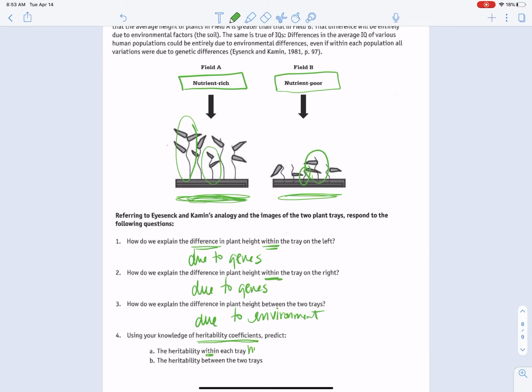So that would have a high heritability, and the coefficient would be close to 1. Between the two trays, we know that the major difference in the plants' growth was due to the environment, and that would be a low heritability, and the heritability coefficient would be close to 0.